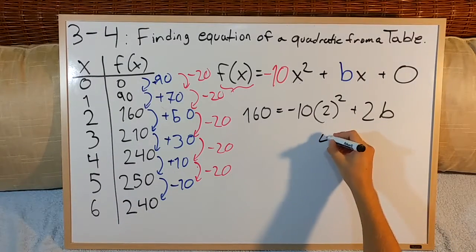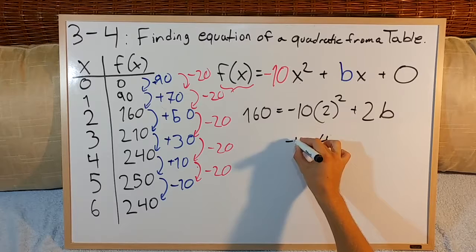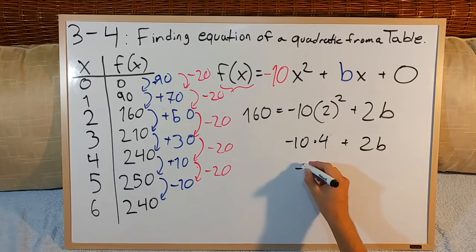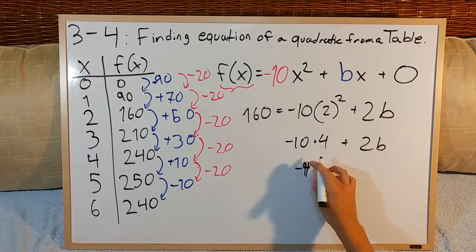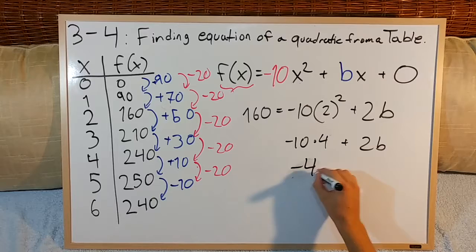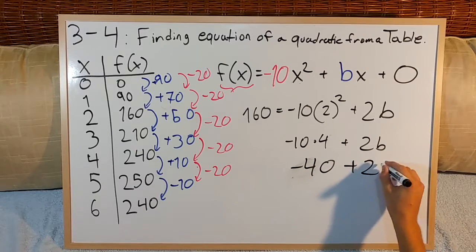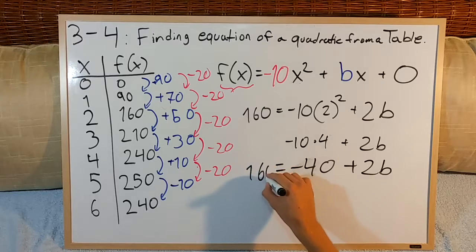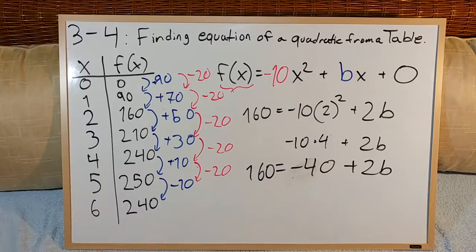What would it be? 4 times negative 10 plus 2b. What is negative 40? Negative 40 plus 2b equals 160. Now we just start going backwards and solving.